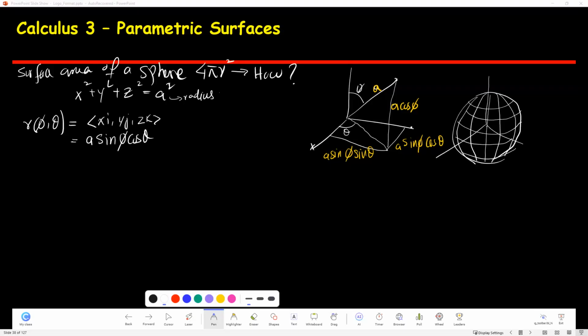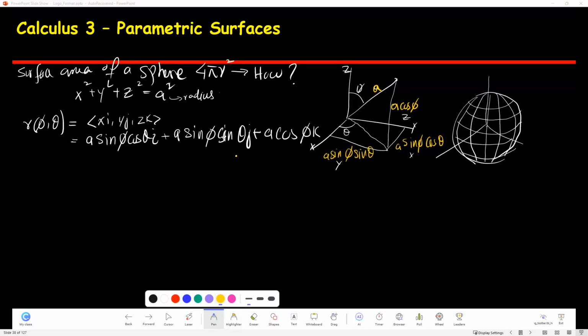This is my x-axis, this is my y-axis, this is my z-axis. So that is literally my x, this is my y, and this is my z. I'm going to substitute values here, and it should be i, then plus A sine phi sine theta j, plus A cos phi k.